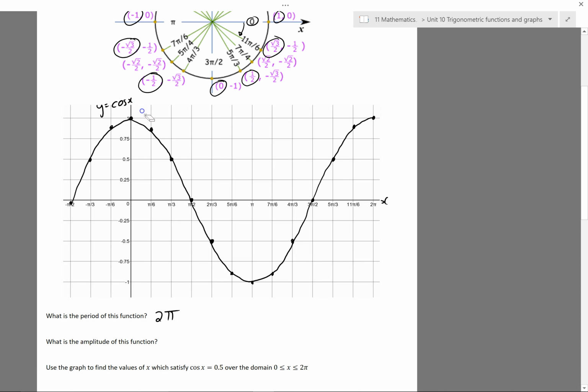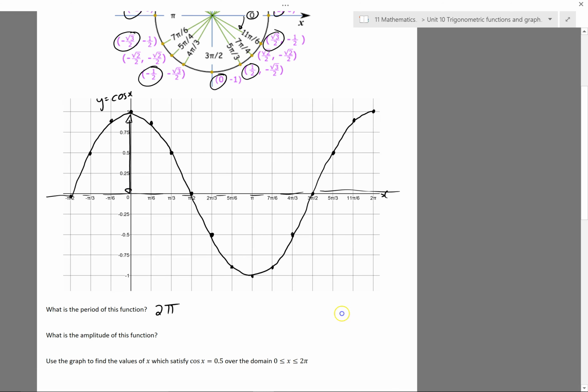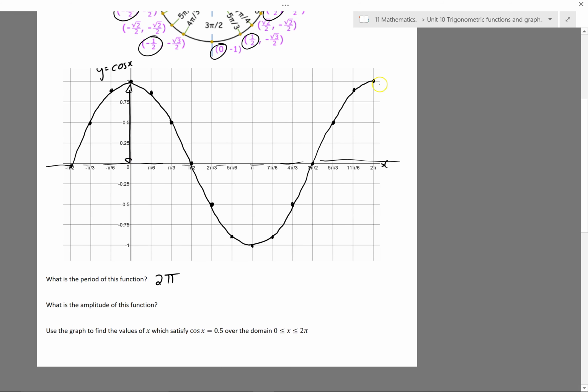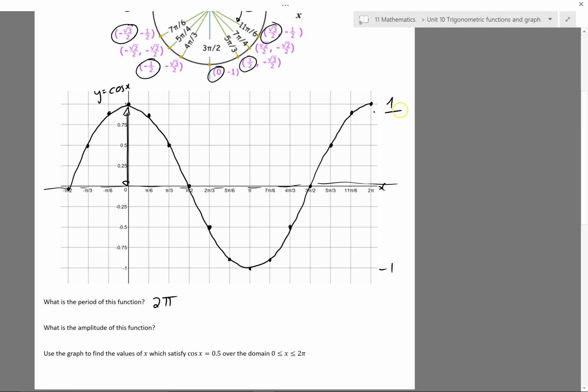What's the amplitude of the function? Amplitude is how much it deviates from its average value. The average value of this function is the x-axis, and it deviates a distance of 1 from the x-axis. Alternatively, I could think of the maximum value as 1 and the minimum value as minus 1, and find the distance between them.